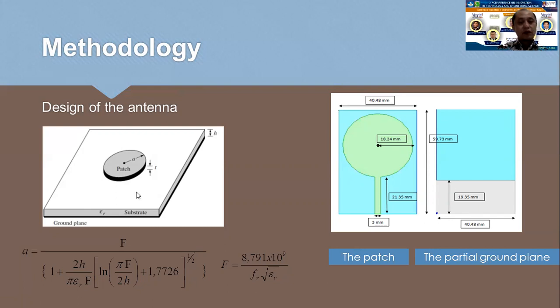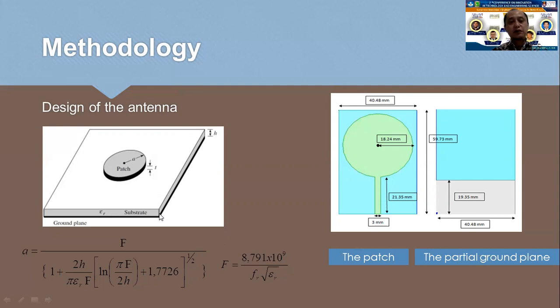The substrate used for the antenna is FR4 with a thickness of 1.6 millimeter, and dielectric constant is 4.4.